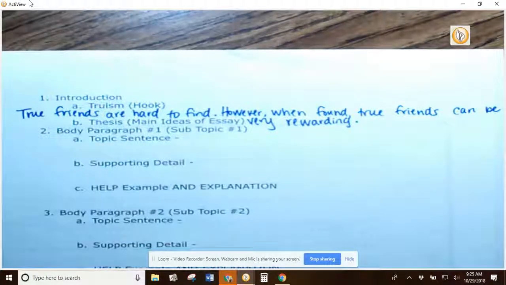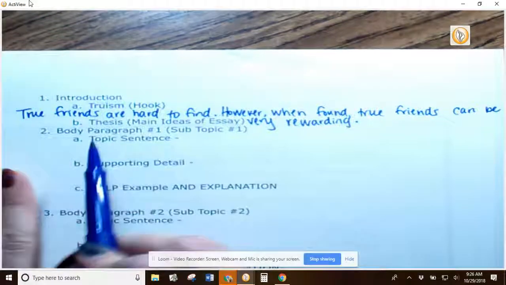So it's kind of two truisms, just a general statement, and then we try to tie it back to the prompt about true friendship. That would be our first 2 sentences of our essay. And then we put our thesis.